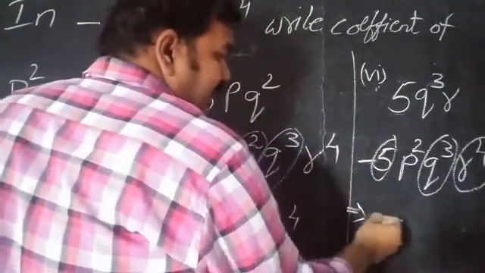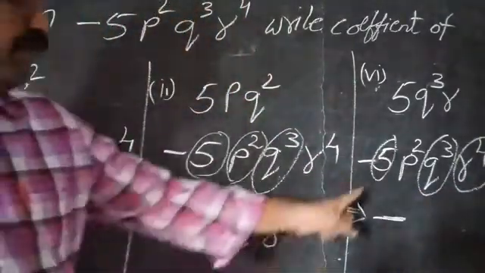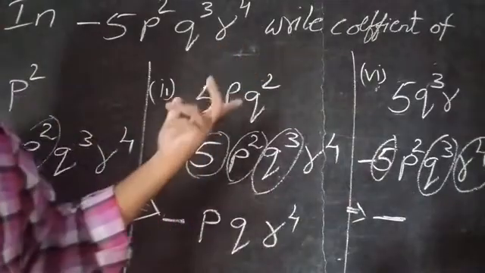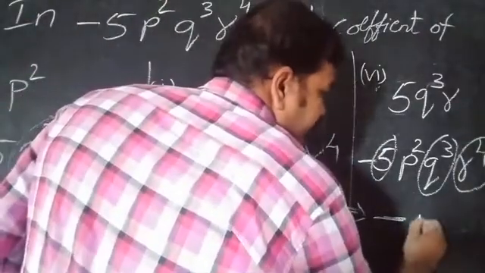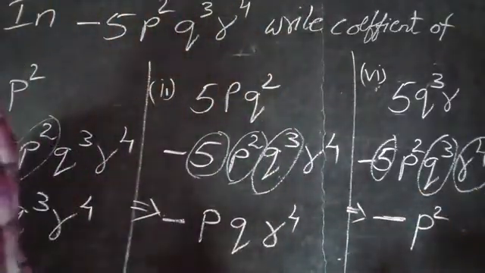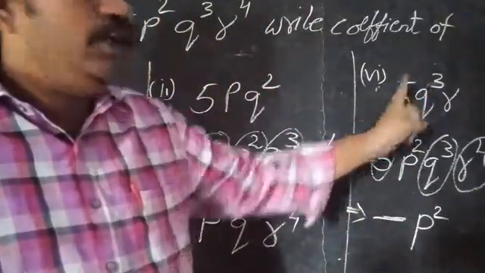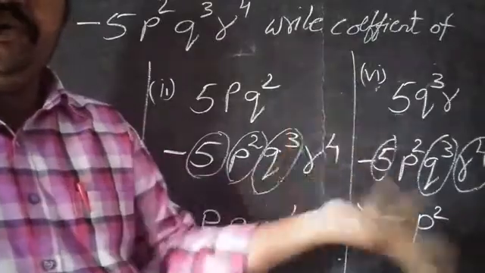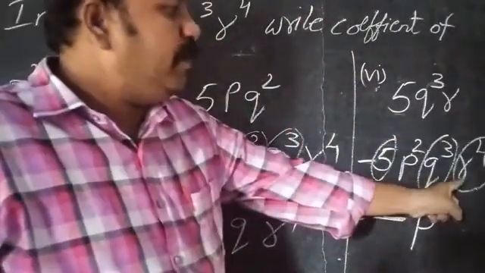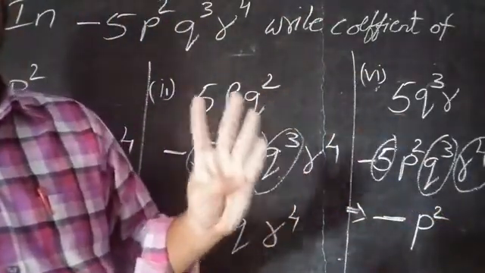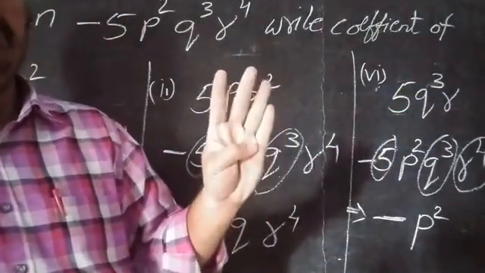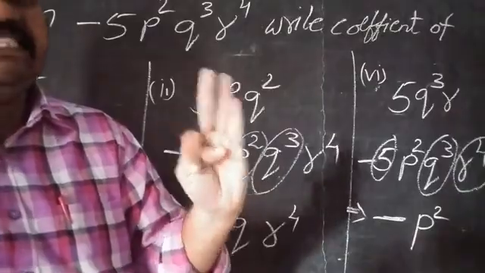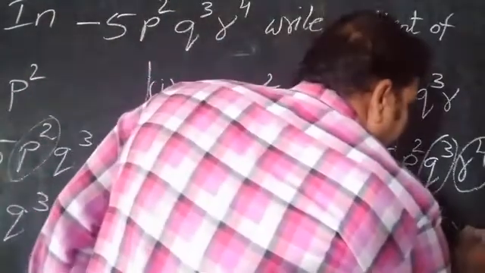So the minus sign stays. Number 5 went off. Write that p square. Q3 is gone. R power 4, only 1 r is taken, and the remaining is 3. That is r power 3.